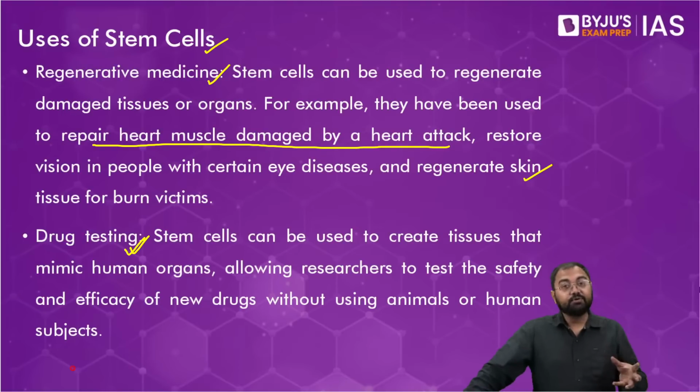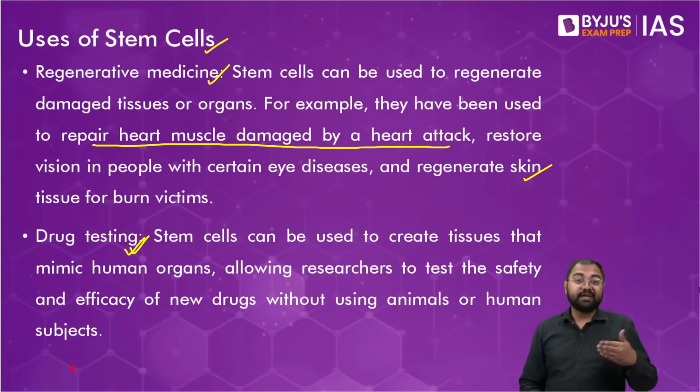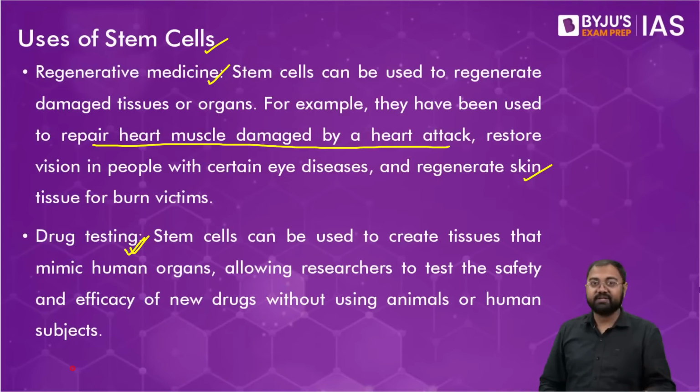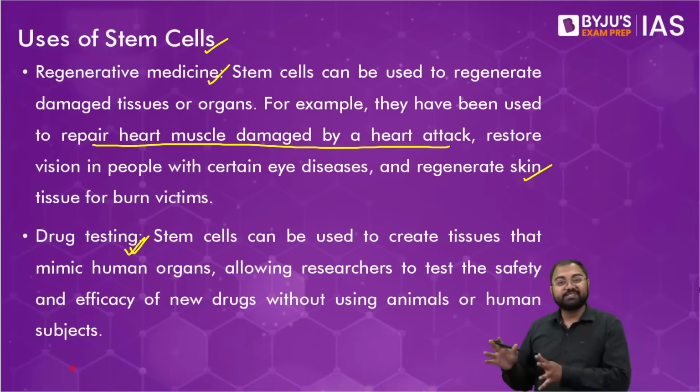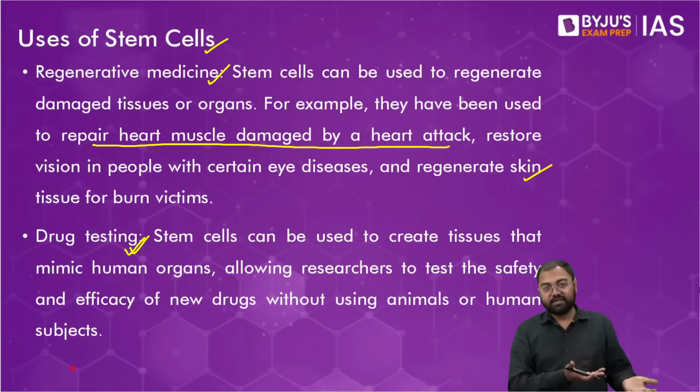So instead of doing these tests on a person, we can do all these drug tests, or even for that matter the vaccine testing, on stem cells, or rather on the tissues or organs created out of the stem cells. So the drug testing can be done there, and that's why it will be safer, at least. Otherwise you would have done it on a person.